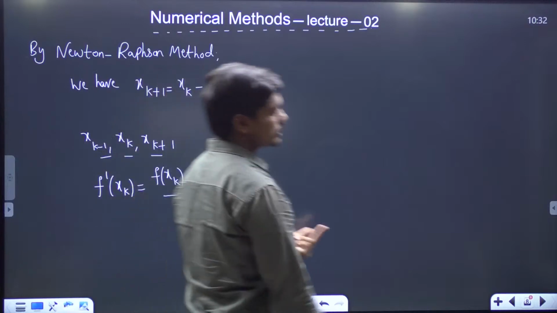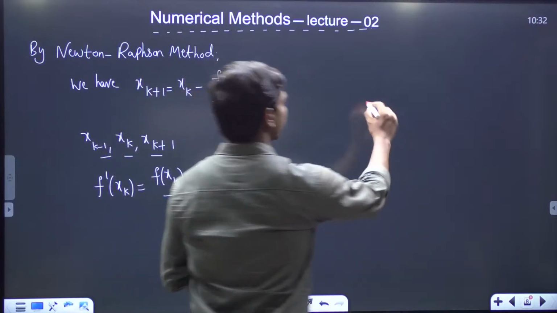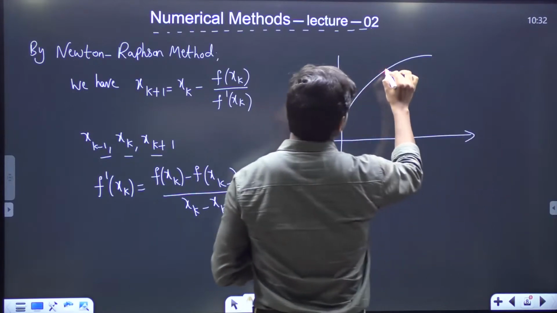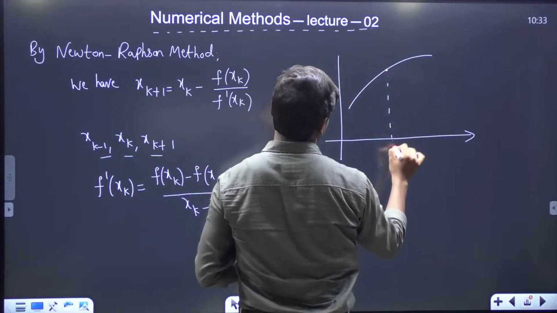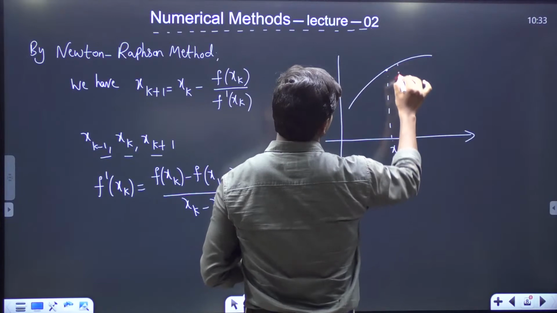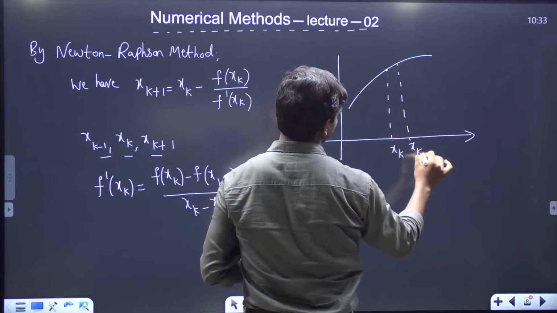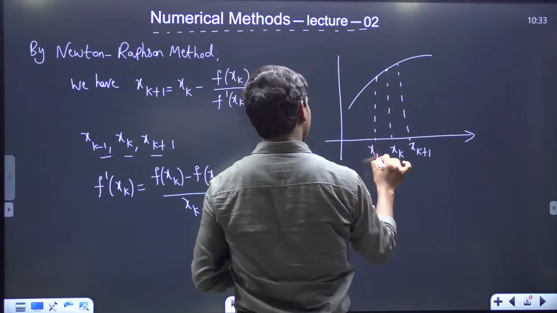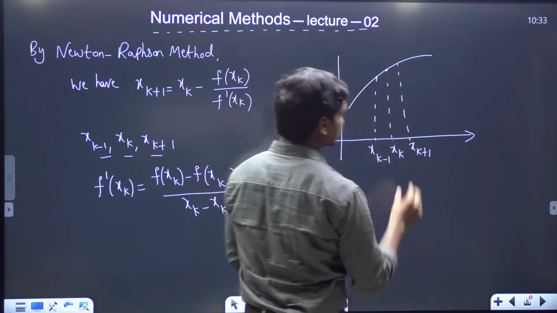See, basically, there are 3 types of differences which you can take. Generally, if you have any curve, something like this, this is the point xk, and for example, this is the point xk plus 1, and this is xk minus 1, and let us suppose the change between all these three is very small.